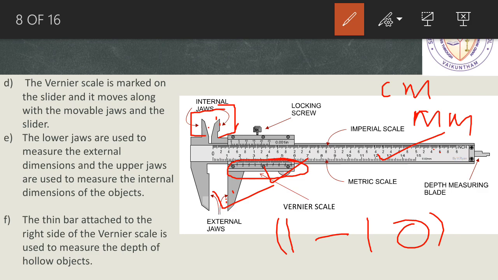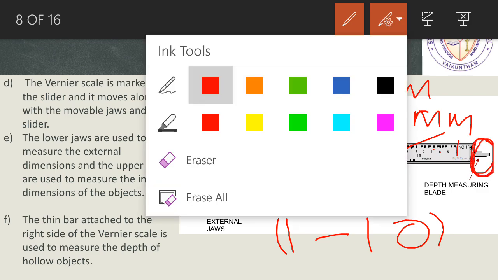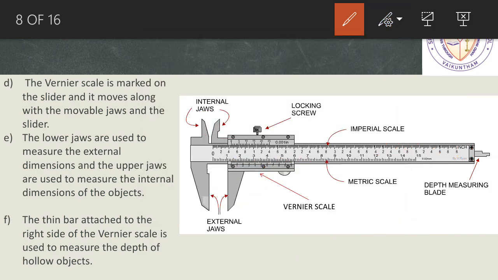The thin bar attached to the right side of the vernier scale is used for measuring depth. Here there is one stick-like thing coming out at the rightmost end, a thin bar, which is used for measuring the depth.